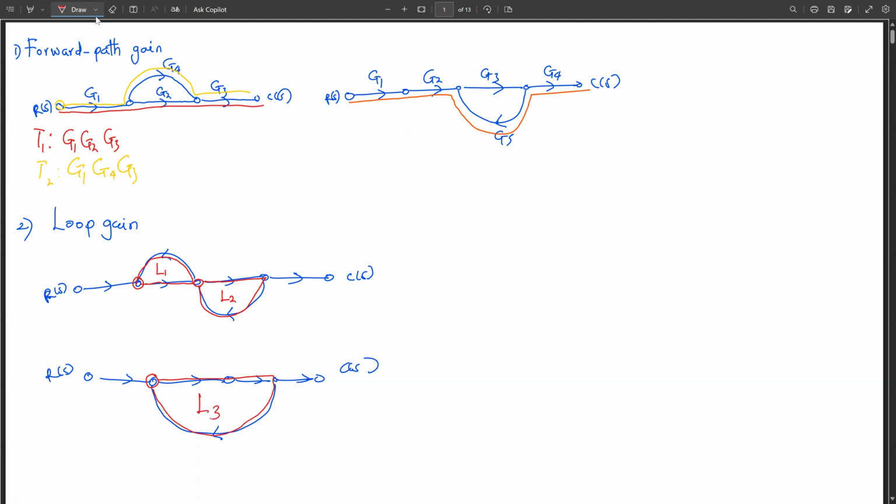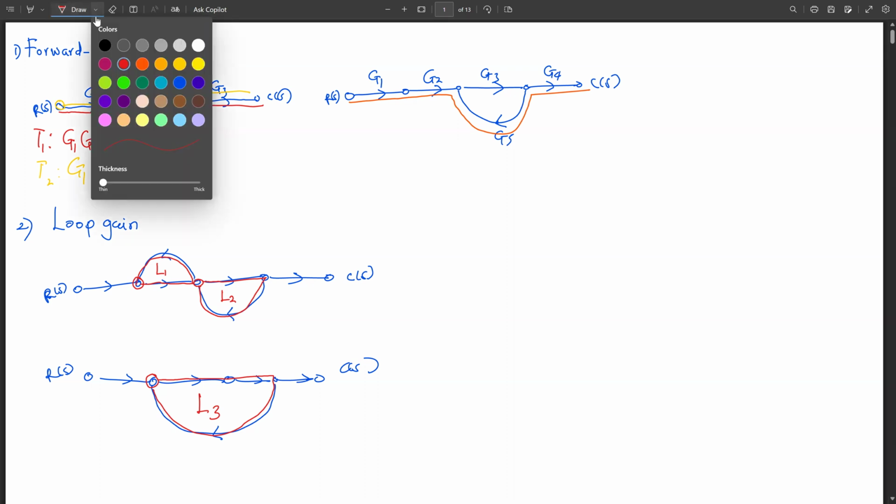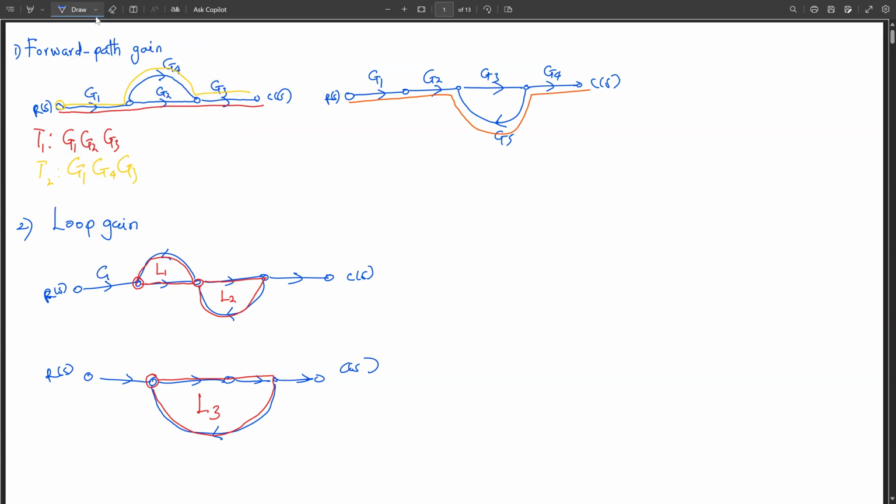This also qualifies to be a loop, right? So the loop gain is simply multiplying the gains on the loop. For instance, if the branches have gains G1, G2, G3, G4, G5, and G6, the loop gain for this particular loop is going to be G2, G6.